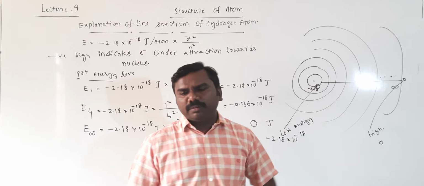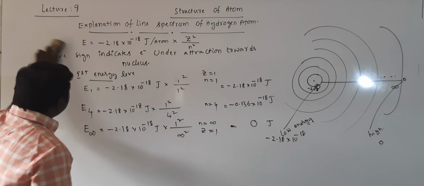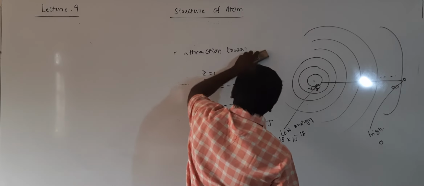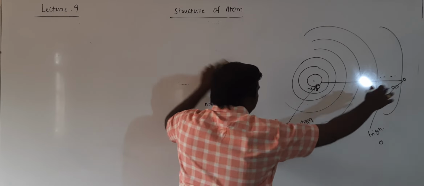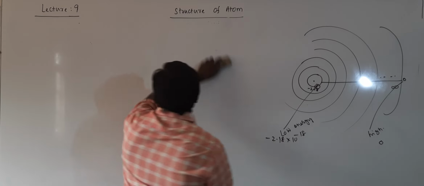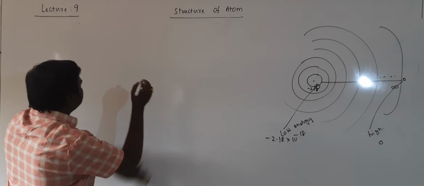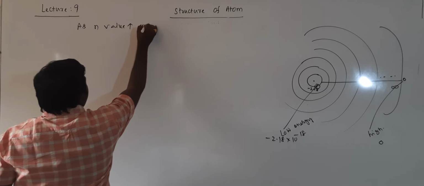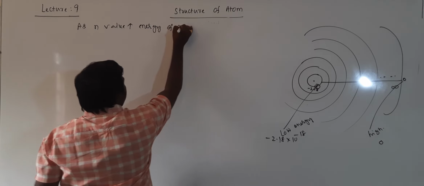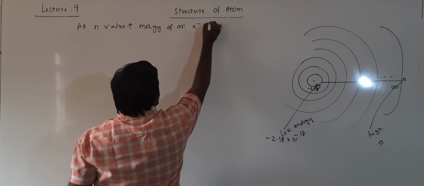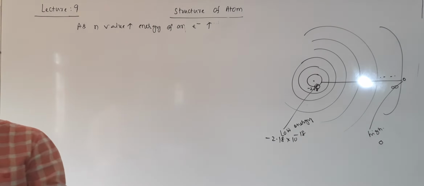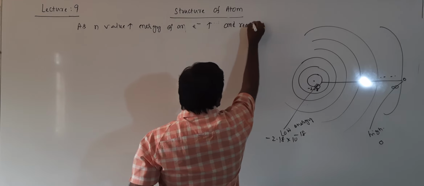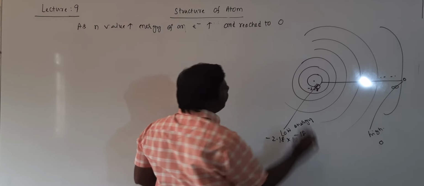Got it? Now, as n value increases, energy will be high. As n value increases, energy of an electron also increases and reaches 0. 0 means maximum value.